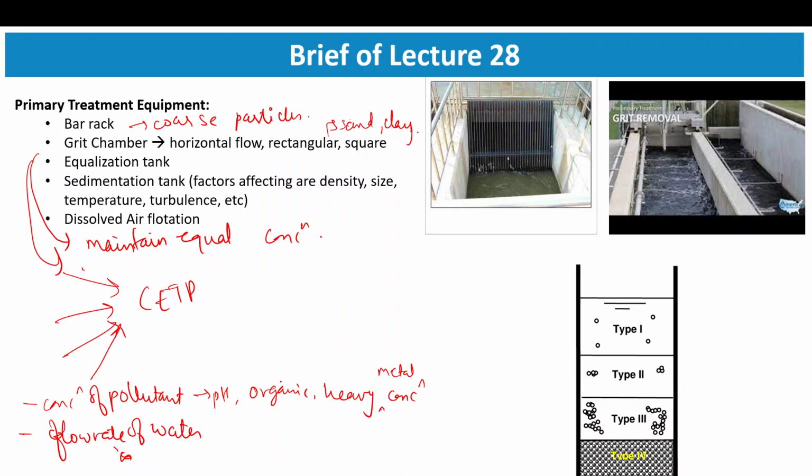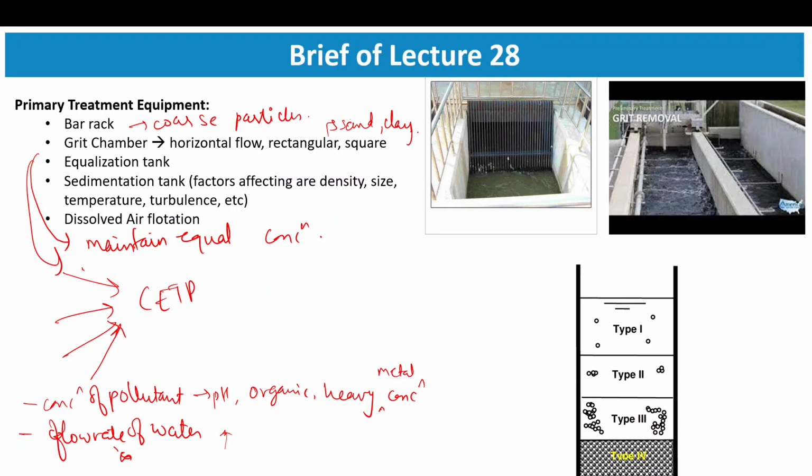The efficiency which you want to maintain will not be maintained, because sometimes you will have a much higher flow rate. Then not all pollutant will be removed, so the load will be more for the pollutant. You cannot change the design of any unit once it is done.